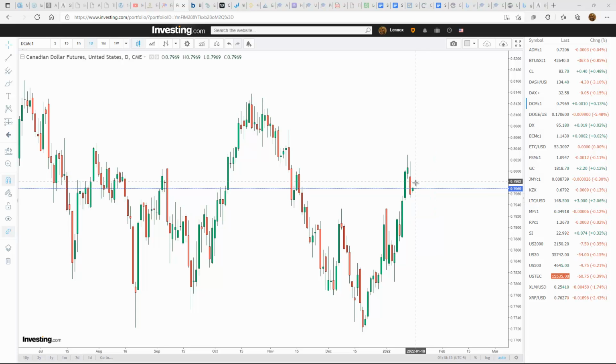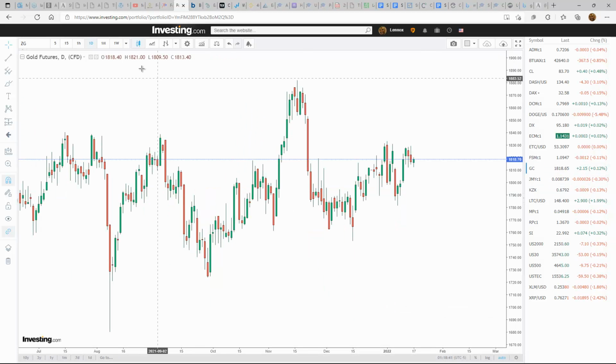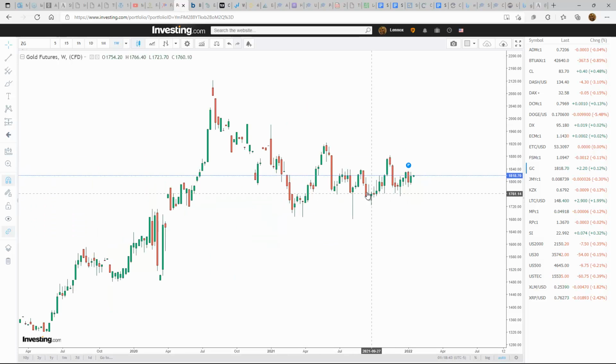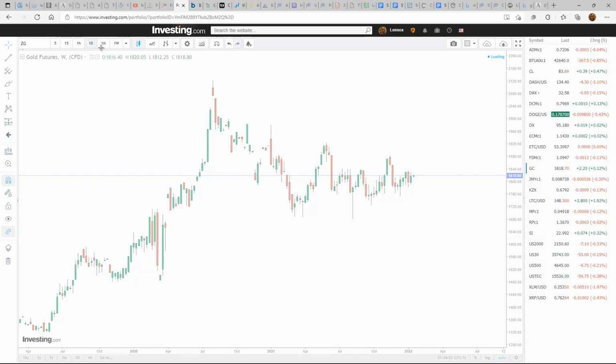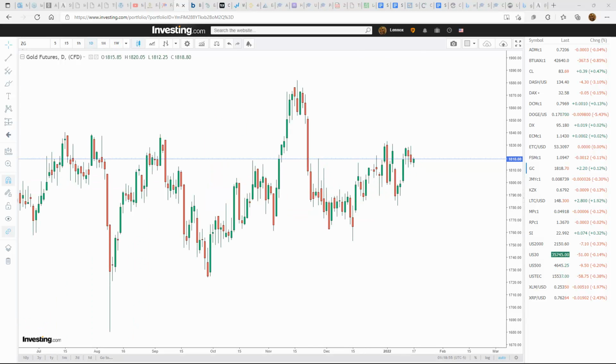Okay, so all right, let's take a look at gold. Gold on the weekly is still sitting inside of a triangle, and kind of right in the middle of it. So which way is it going to break? Unless there's some dramatic news of some kind, it's more than likely going to stay in this area.